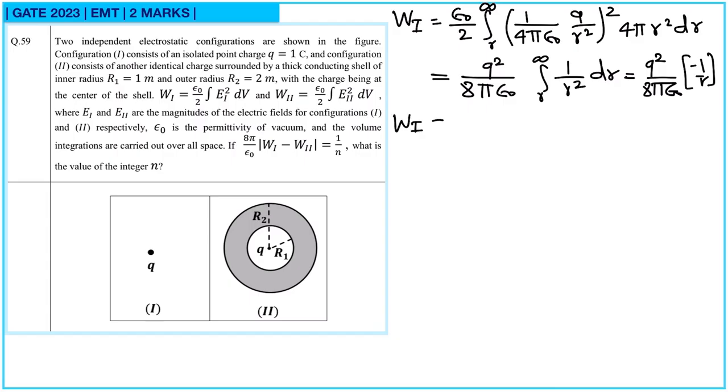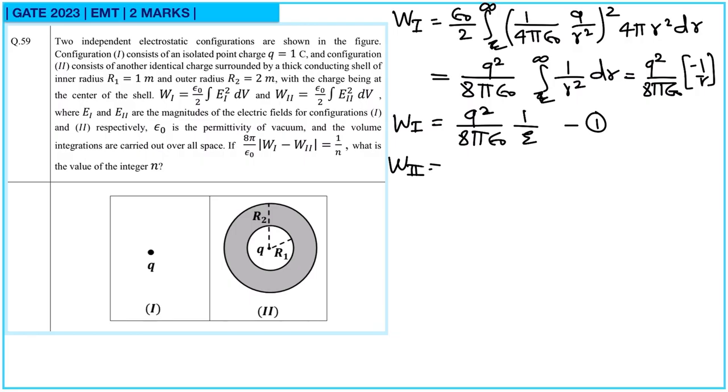So W1 is equal to q square upon 8 pi epsilon naught. First is 1 by infinity, that is 0, minus 1 by r. So let me take some other letter here, 1 by r. So this will be into 1 by r. So that is 1. Similarly, we have to calculate for the second one.